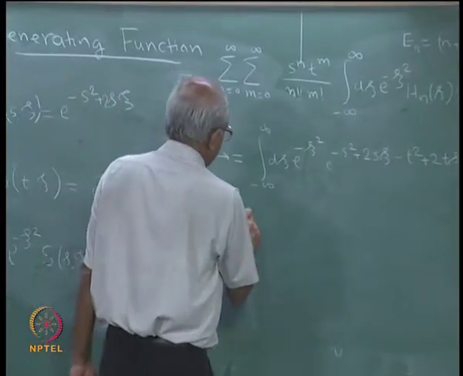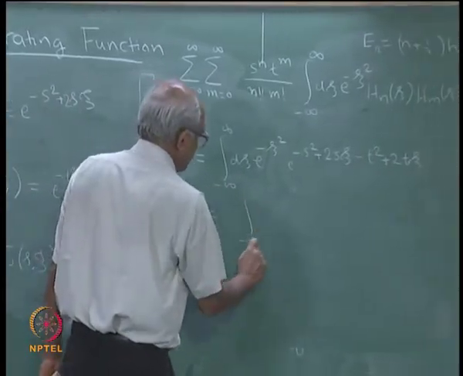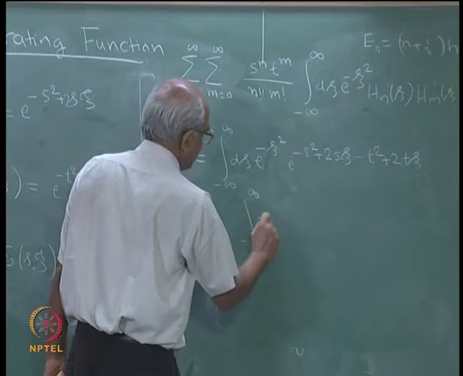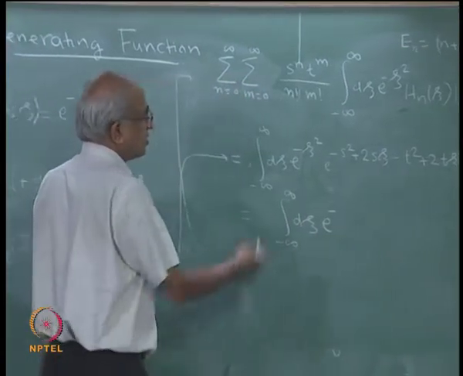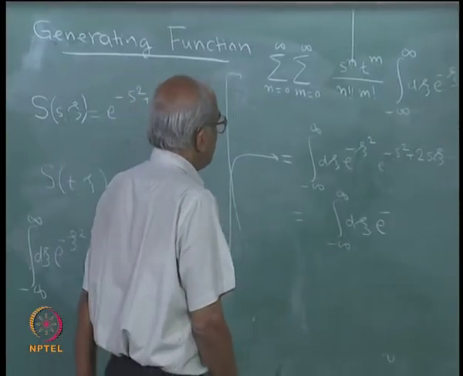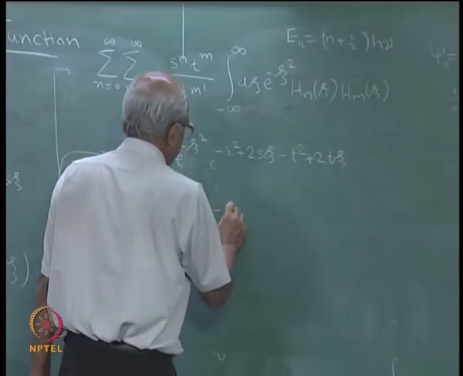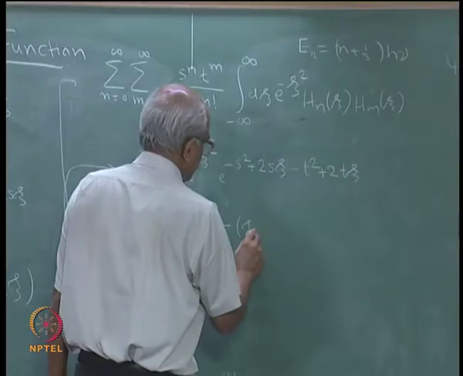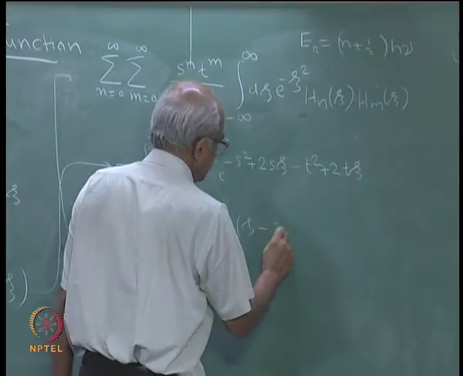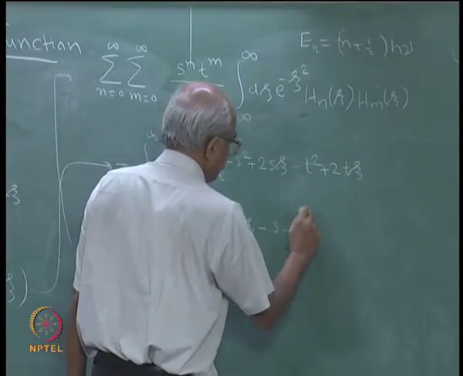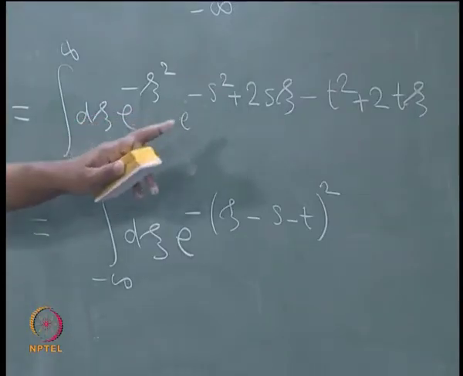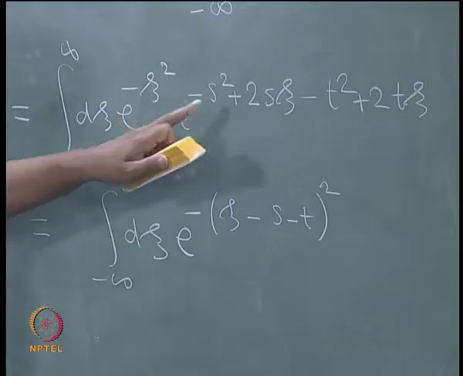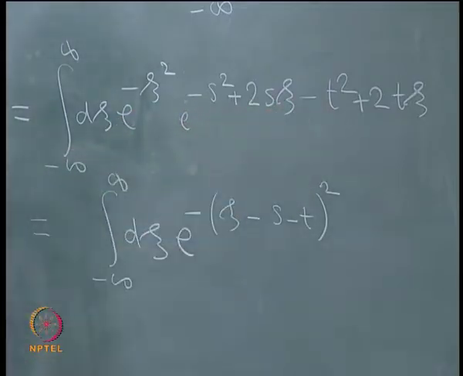And now, if you look at this, you will find that it is the integral from minus infinity to plus infinity dx of e to the power of. Interestingly, you can write the quantity in the exponent as c minus s minus t the whole square. If you look at this expression, there is a minus c square minus s square minus t square.